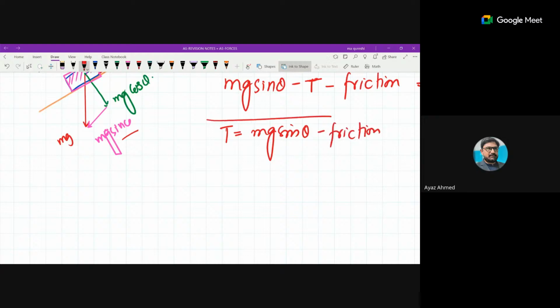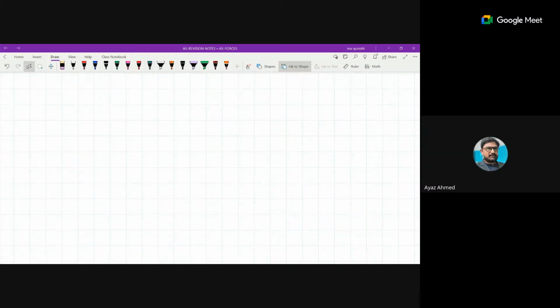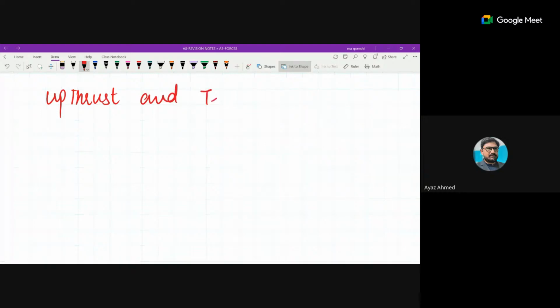So you must be aware of the situation in which we are having tension and how to handle that. Then there's a combination of upthrust and tension. These are all cases from your past papers.